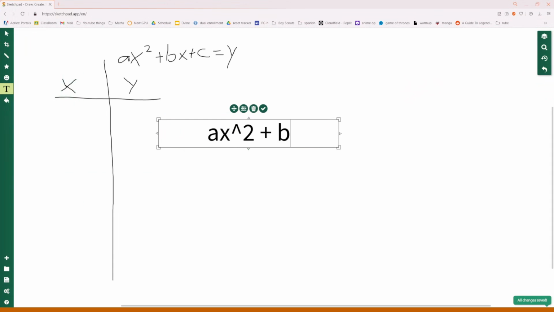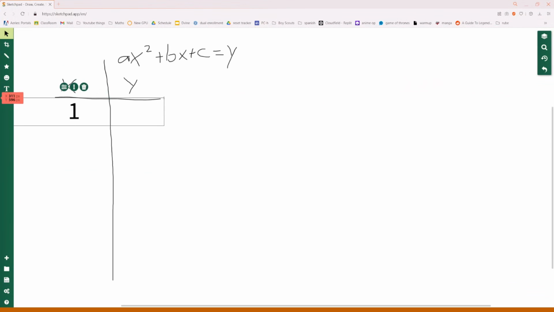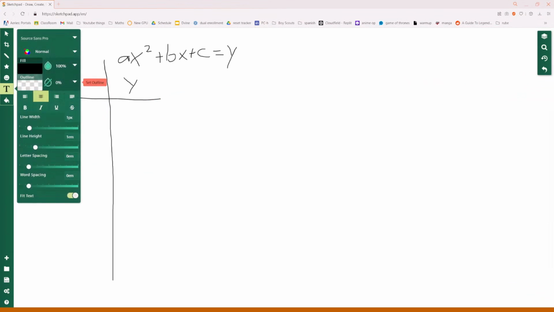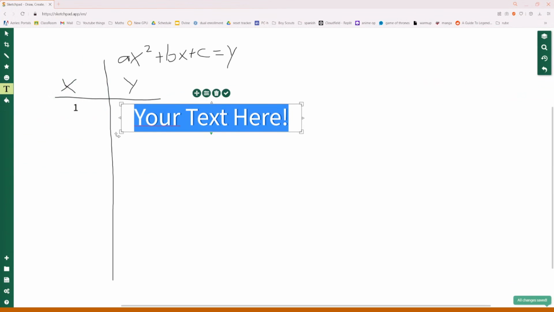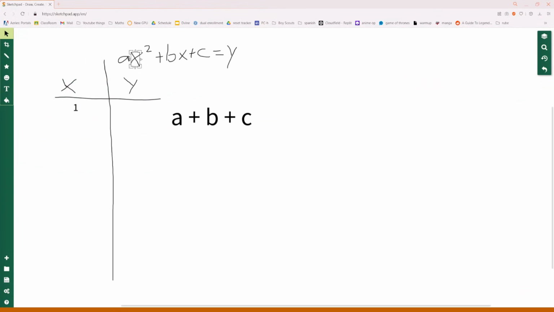Ax squared plus bx plus c is, okay, so right here, let's just have x is 1. Okay, I didn't have to type just to do a 1, but whatever. X is 1, then y is equal to, you plug in x is 1, a plus b plus c. Because x is 1, so everything just gets multiplied by 1.